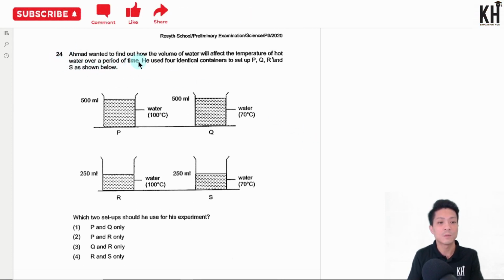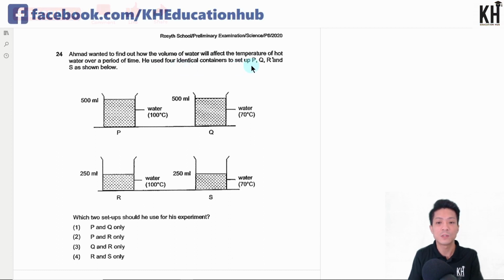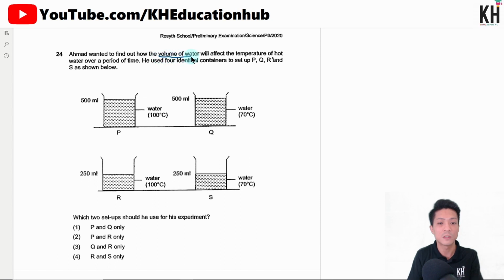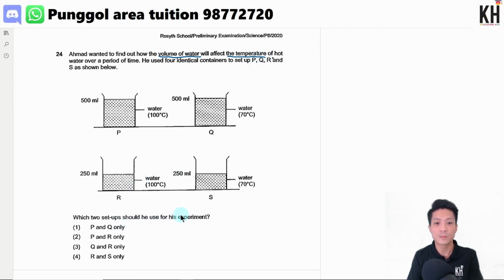Question 24, Ahmad wanted to find out how the volume of water will affect the temperature of hot water over a period of time. He used 4 identical containers to set up P, Q, R, and S as shown below. What he wants to find out is how the volume of water will affect the temperature. Which 2 setups should be used for his experiment?